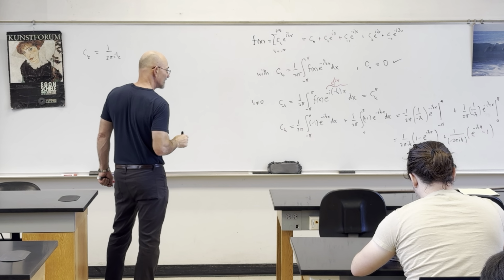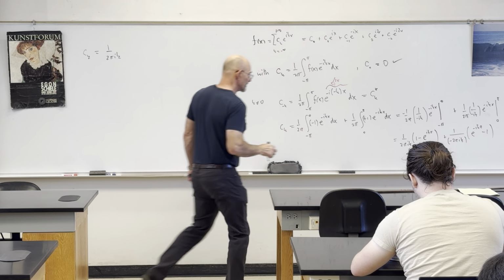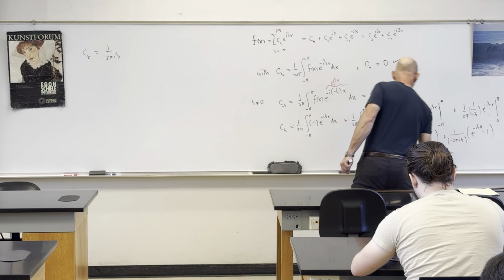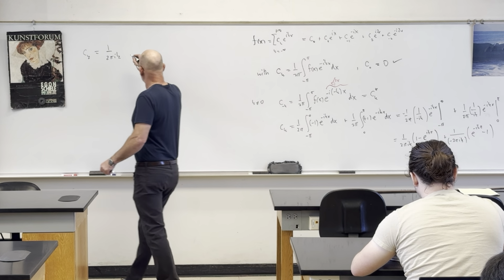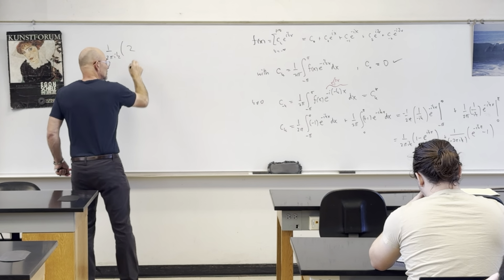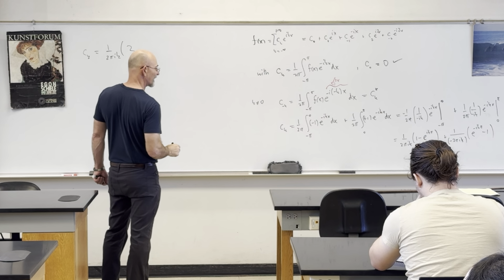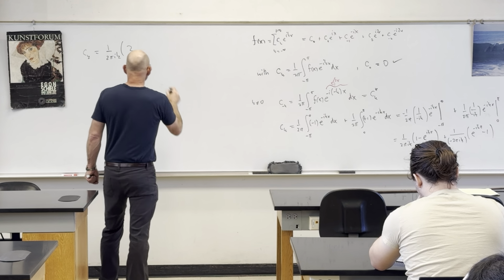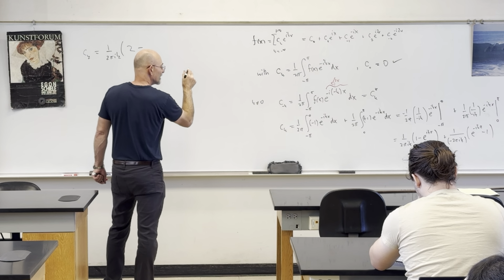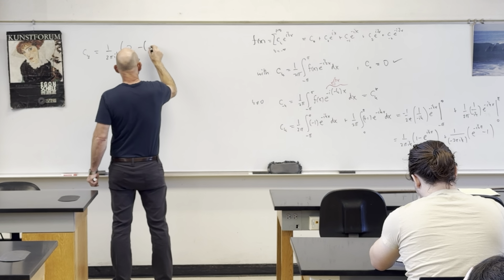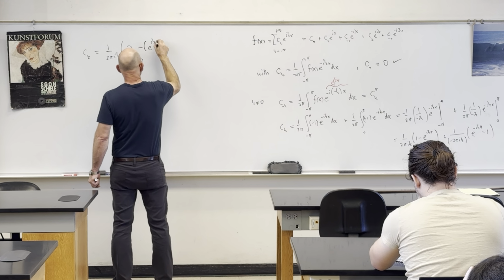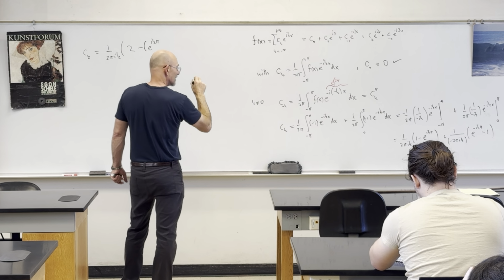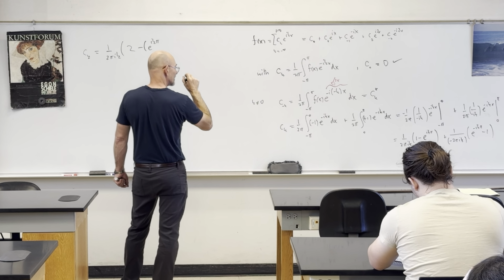And I'm going to pull this minus sign out, so I will have 2 of the same thing: 2 minus e to the i k pi plus e to the minus i k pi.